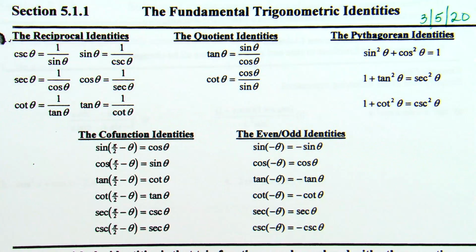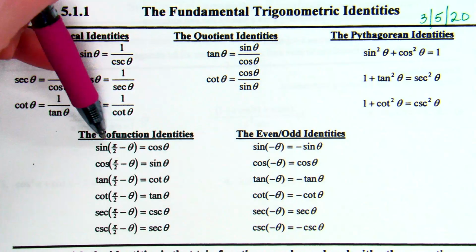These bottom two are sets that you're not going to be as familiar with, but they're good to become familiar with. First of all, we have cofunction identities. If you go through and look, cofunction identities pair up sine with cosine, tangent and cotangent, and secant and cosecant.